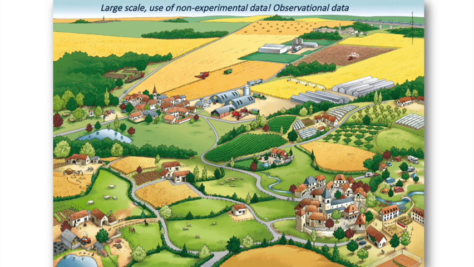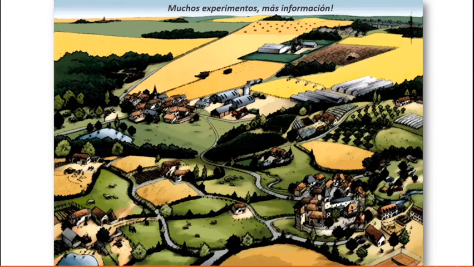The new approach also brings the use of non-experimental data or observational data. This is the type of data that has no experimental control. It's the same data that are produced by the producers that can be obtained from the field directly.